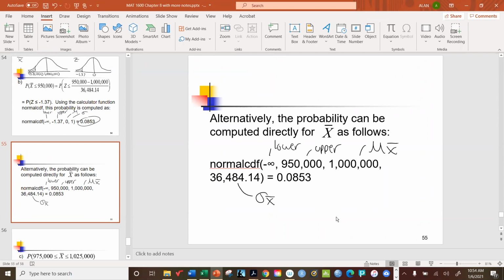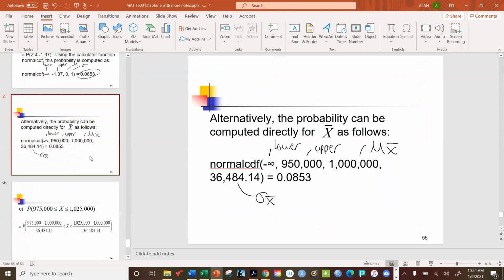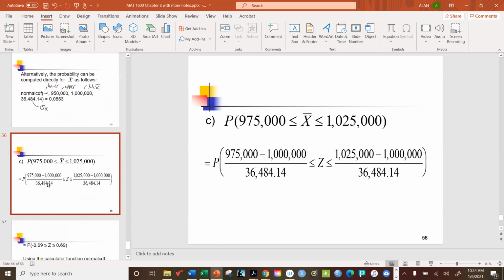Very good. All right. Now there's one more, which is the interval between $975,000 and $1,025,000, with a mean of 1 million.